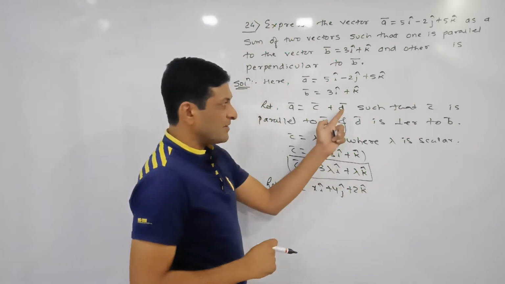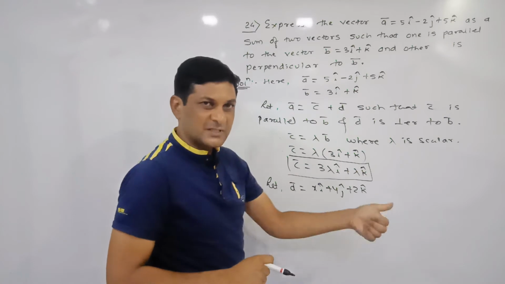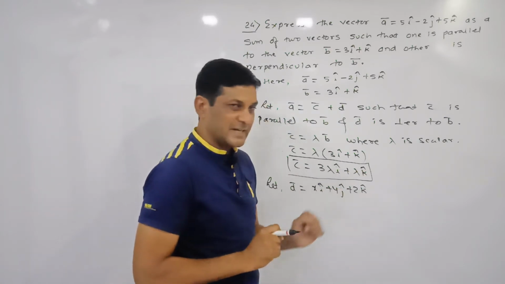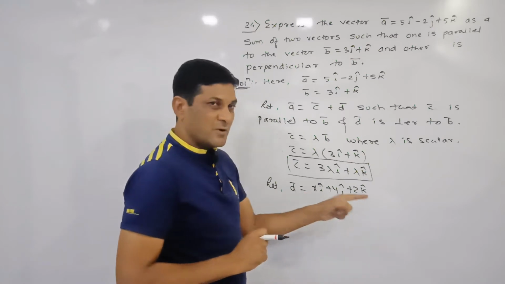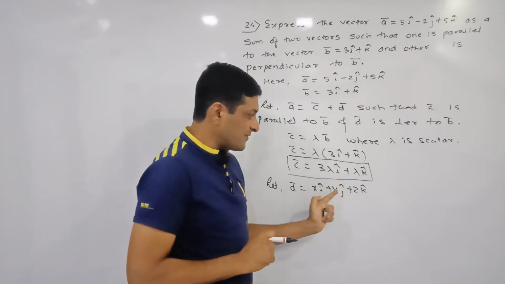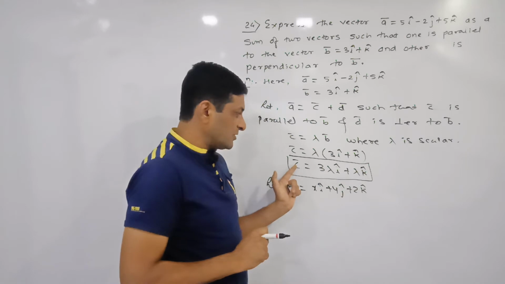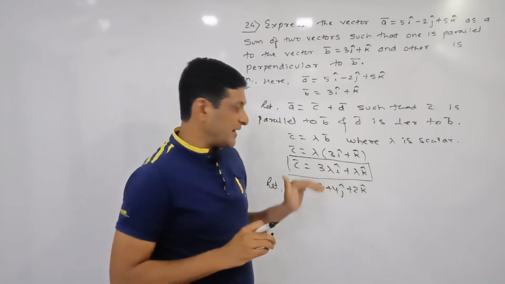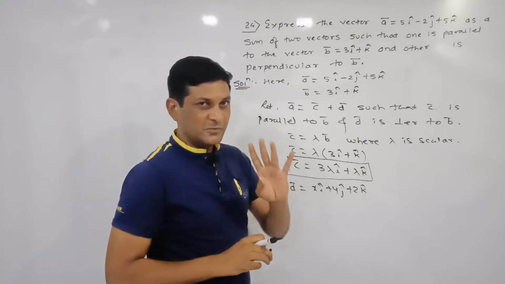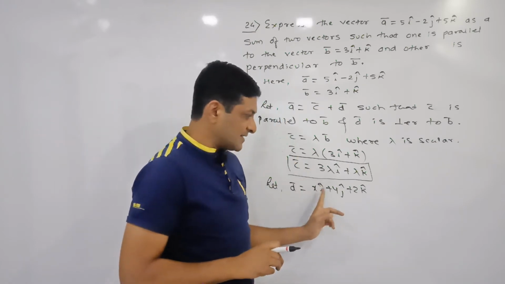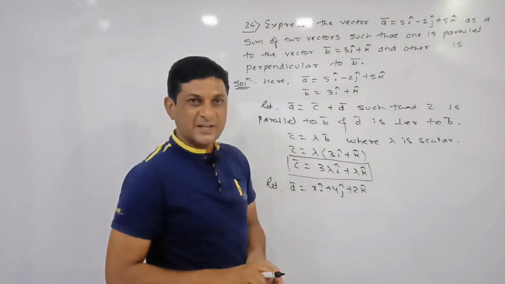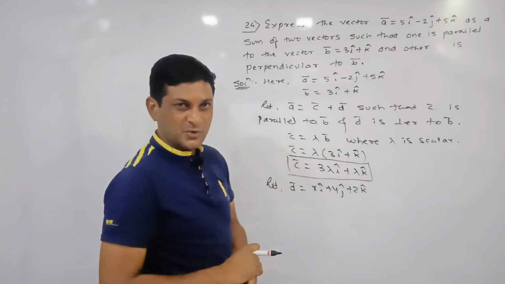Our second required value is D bar, and I am supposing that its Cartesian representation is xi cap plus yj cap plus zk cap. Means to find the value of D bar we have to find the values of x, y, z, and to find the value of C bar we will require just the value of lambda. So to find our required two vectors we have to find four values: x, y, z, and lambda. So let us use the given conditions now to find these four values.